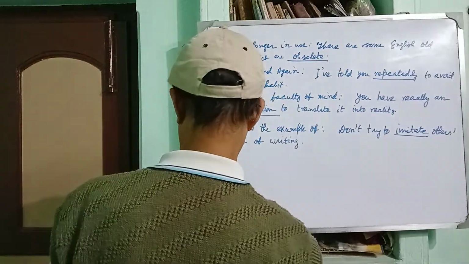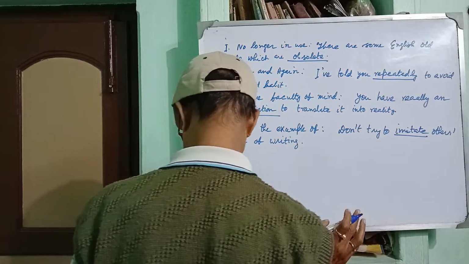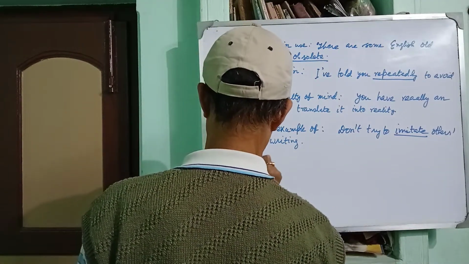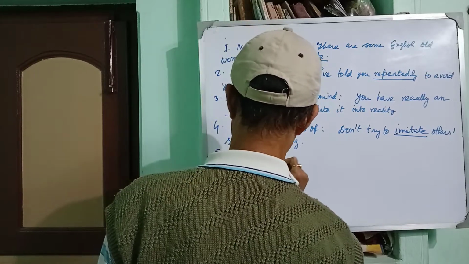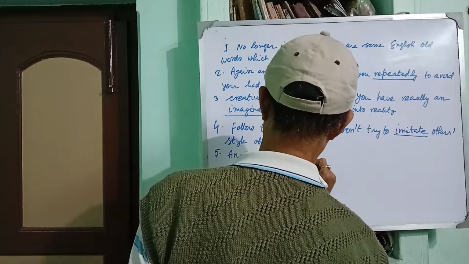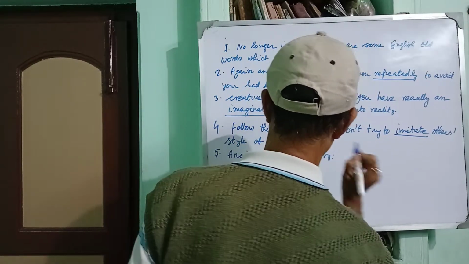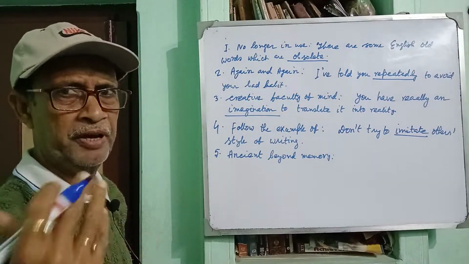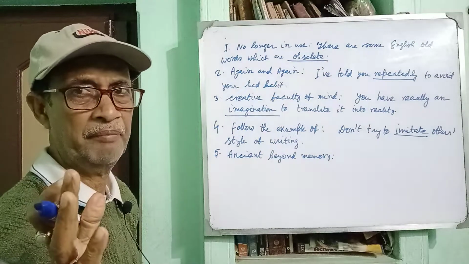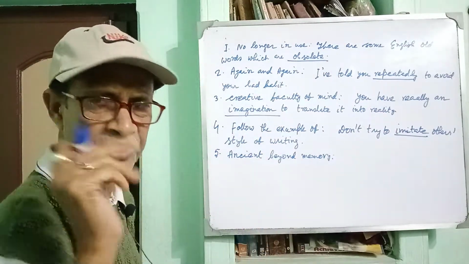Number 5. For example, ancient beyond memory. Okay? Ancient beyond memory. That means that cannot be memorized. And these 3 words can be replaced by a single word.